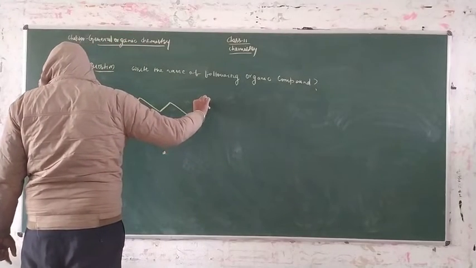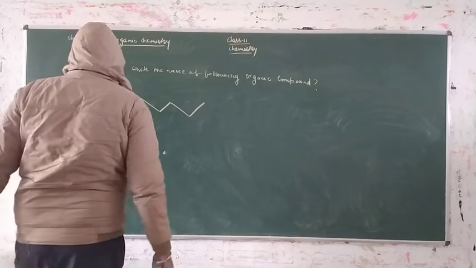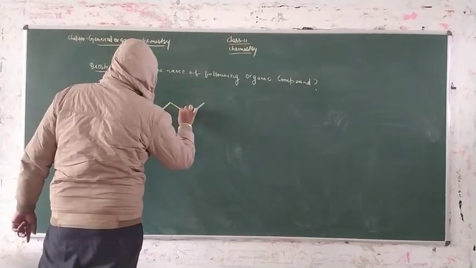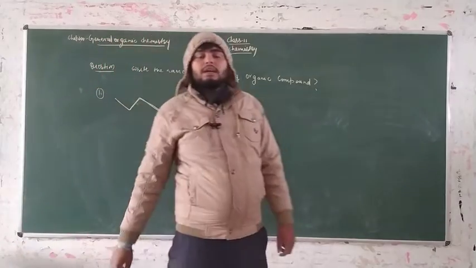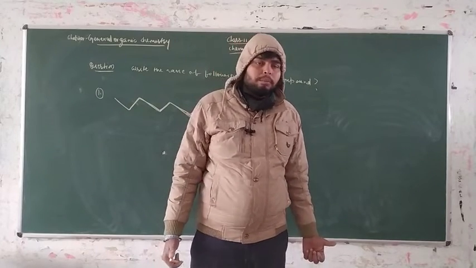That means the compound is like the formation of this. Total how many carbons? 1, 2, 3, 4, 5, 6, 7. That is the attachment of 7 carbons here. Now we have to attach some formation with it in terms of double bonding and triple bonding, because we have to study how to write the name of organic compounds when any double bond and triple bond comes in the name.